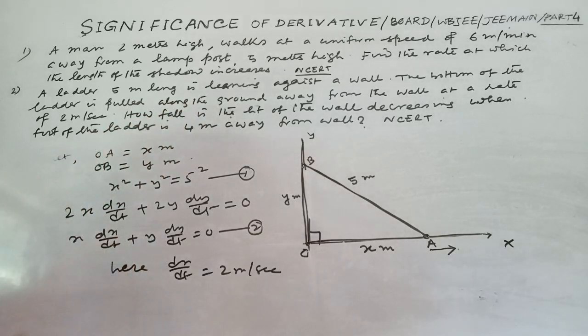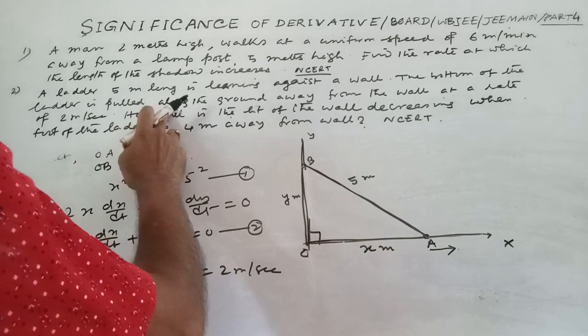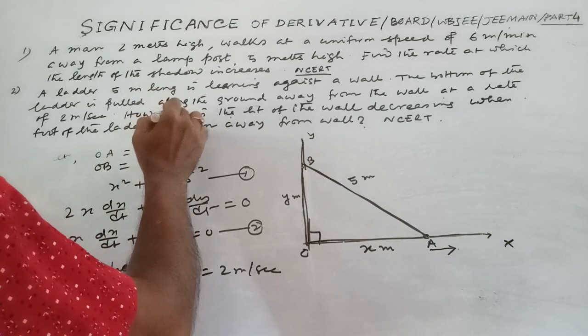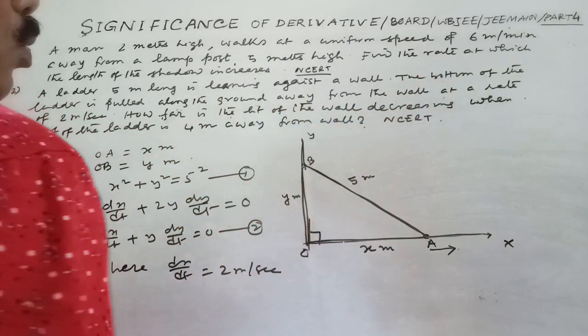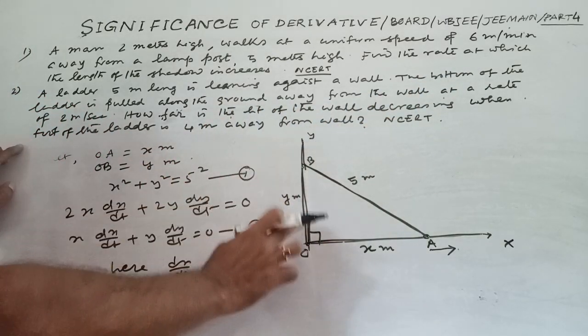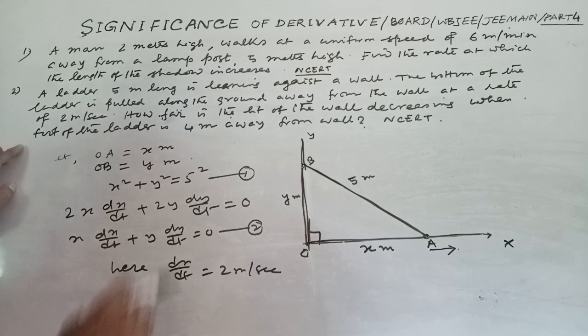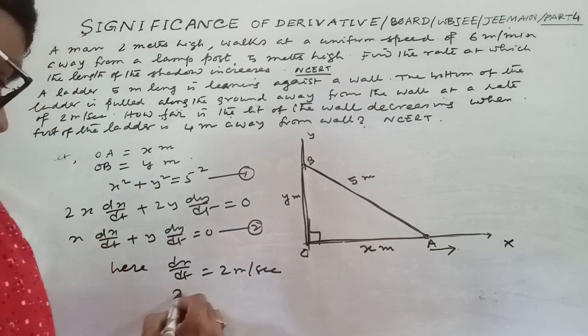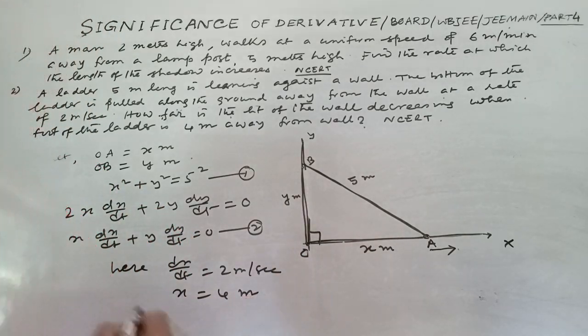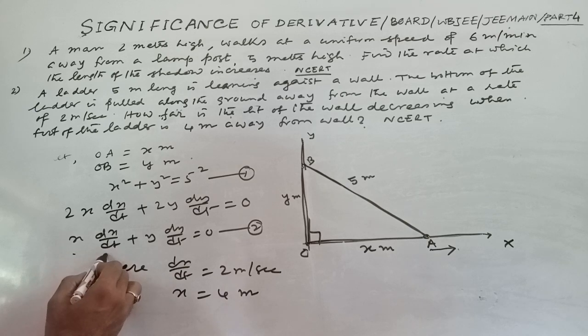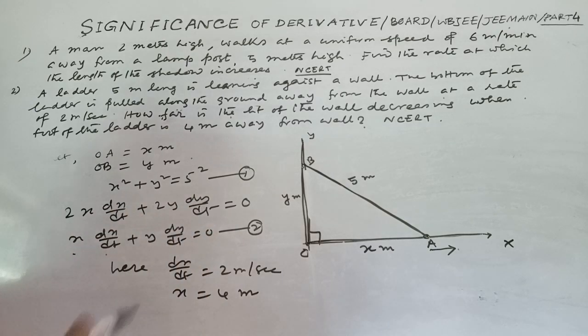How fast is the height of the wall decreasing? So dy/dt you have to find when the ladder is 4 meter away from the wall. So x equals 4 meter. So you get x and dx/dt. You have to find dy/dt, so you have to know y.